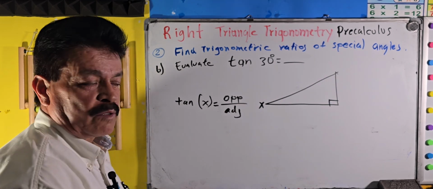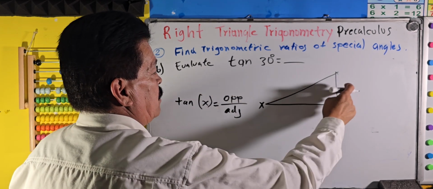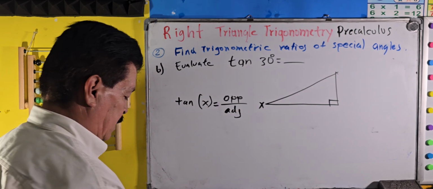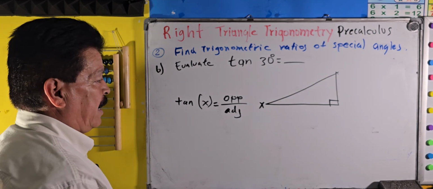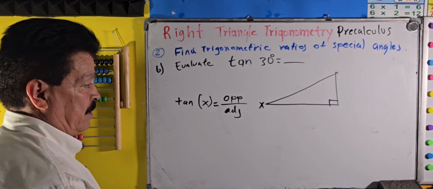I mean adjacent legs. We are talking about the legs. Opposite leg, this one, adjacent is this leg, not the hypotenuse. So to calculate tan of 30 degrees, we have to draw our triangle.